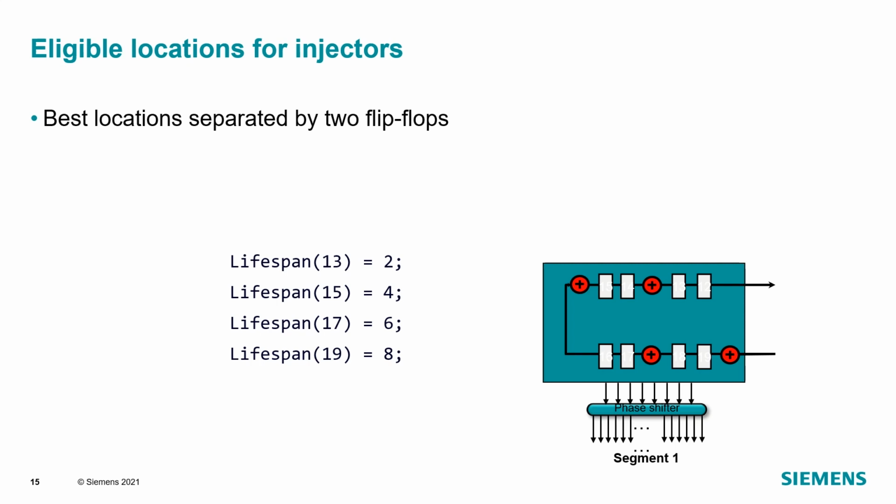To maintain a balance between the overall capacity of the ring generator and the complexity of the phase shifter, we only use locations separated by 2 flip-flops. In this particular case, we use only 4 best locations, starting with 19 and therefore skipping 18, then including 18, and so on.